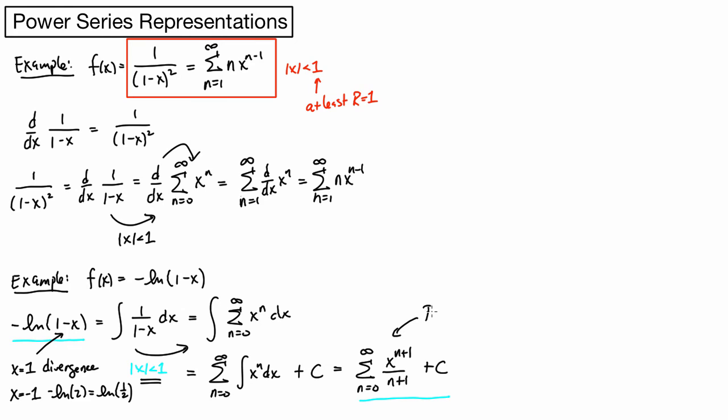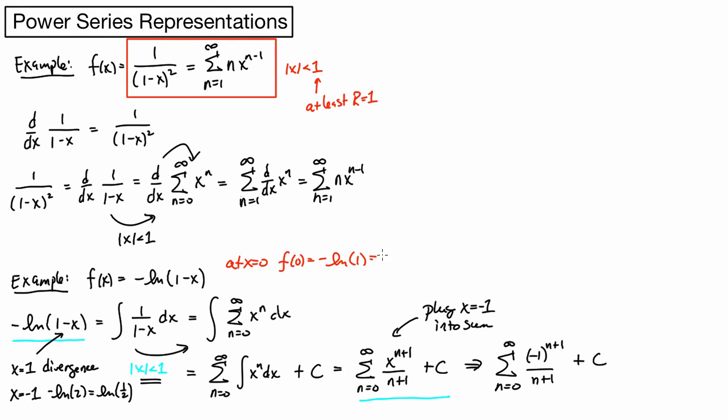Well, here, if I plug -1 in, then this sum becomes the sum, n goes from 0 to infinity, of -1 to the n plus 1 over n plus 1 plus a constant. And what's interesting about this is, what does this constant have to be first? Well, you can see that if x is 0, the function f at 0 is minus the natural log of 1, which is 0.